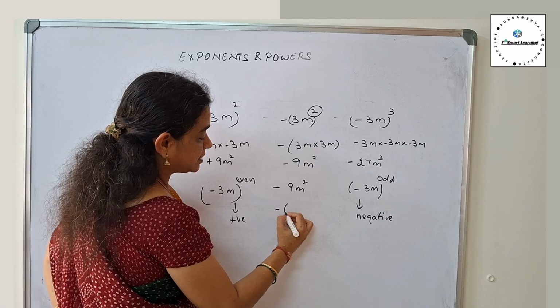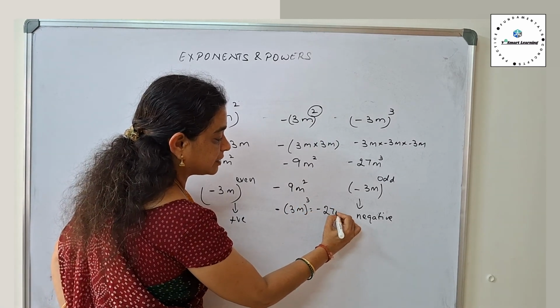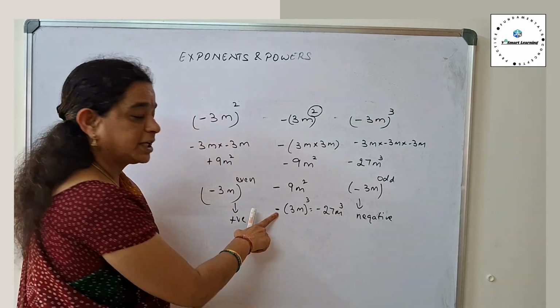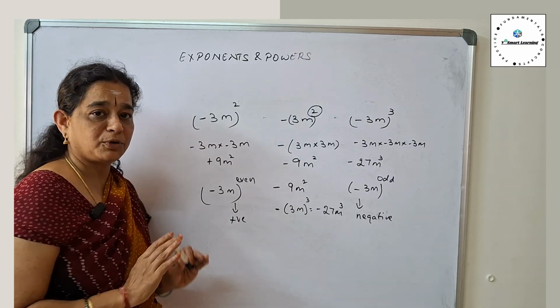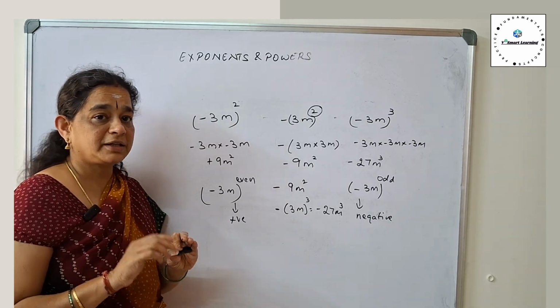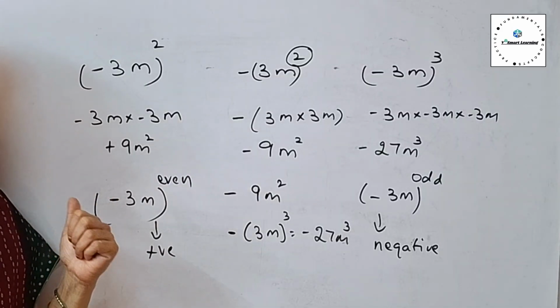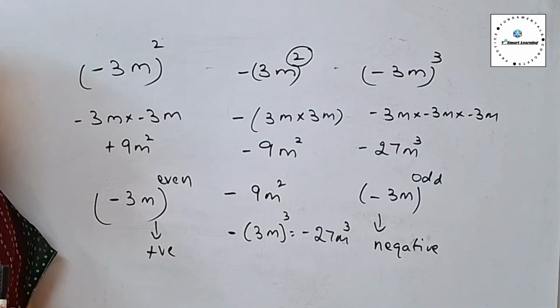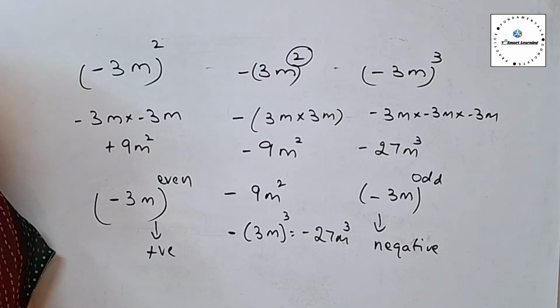Even if this is minus 3m the whole cube, this will be minus 27m cube because the negative sign is outside the bracket. So I think this is a very important concept. The use of brackets when you have a negative sign. Please pay attention to this part of the video, and in future coming problems, be very conscious when you deal with brackets and negative sign.